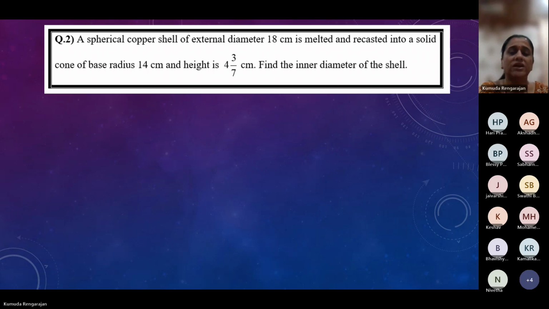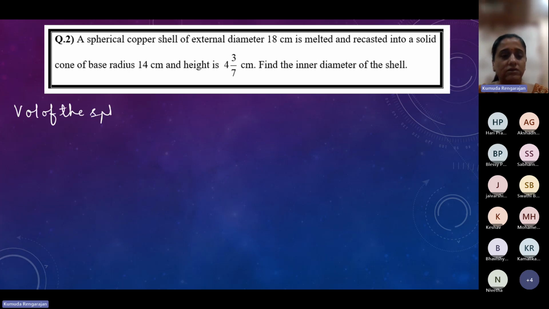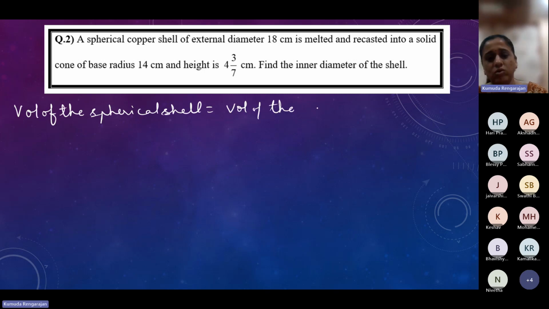So it was a spherical shell. Now it is a cone. All the material that was in the spherical shell is now in the cone. So the equation is volume of the spherical shell is equal to volume of the cone or solid cone.